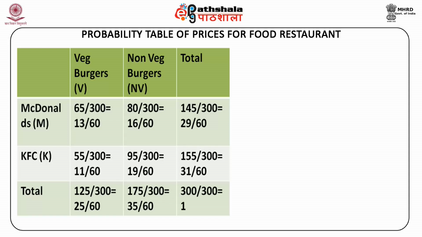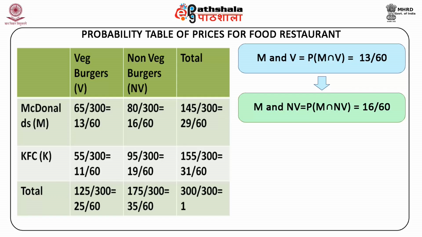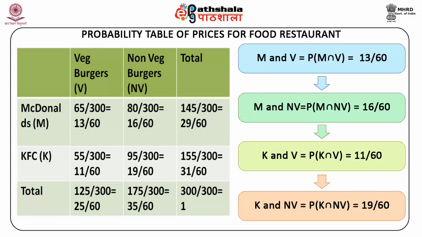In this table, the joint probability for M and V, which is equal to probability of M intersection V, is equal to 13 by 60. M and NV, probability of M intersection NV, is equal to 16 upon 60. K and V, probability of K intersection V, is equal to 11 upon 60. K and NV, probability of K intersection NV, is equal to 19 upon 60.